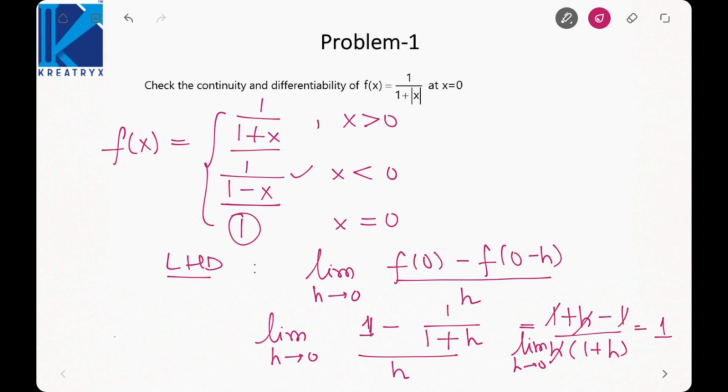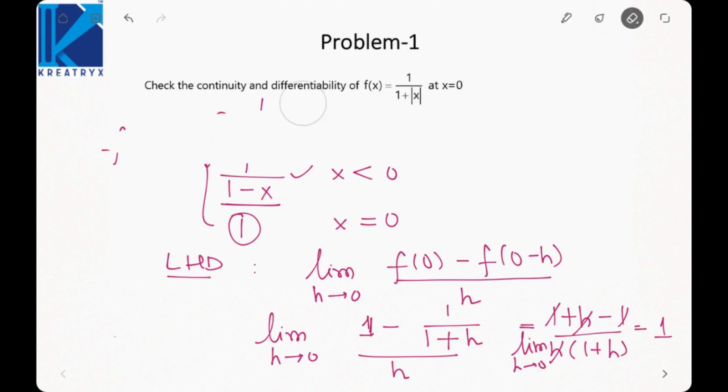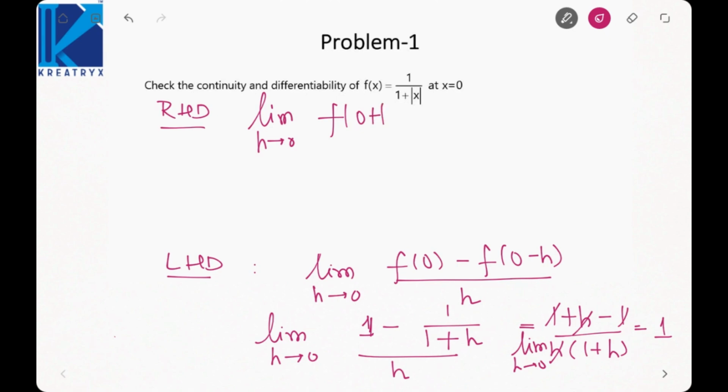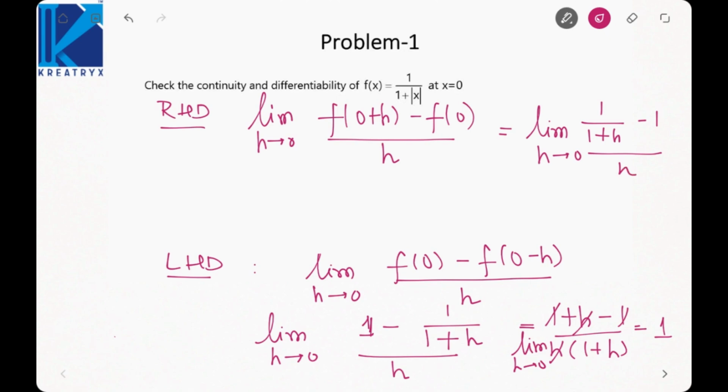limit h tending to 0, which will come out to be 1. Now for the right hand derivative, I will use the function definition above 0. The right hand derivative will be limit h tending to 0, f(0 plus h) minus f(0) by h, which is limit h tending to 0, (1 by 1 plus h minus 1) over h.